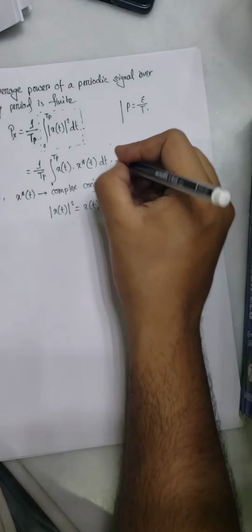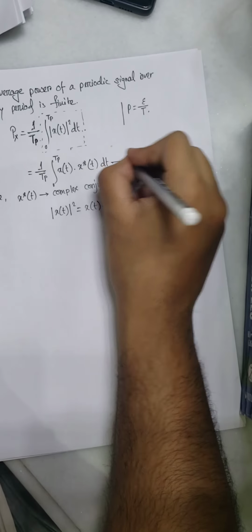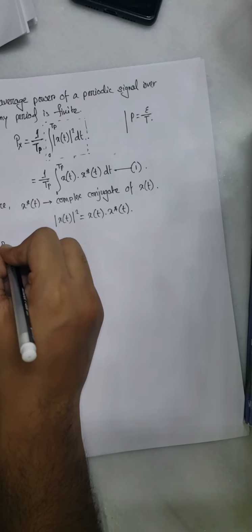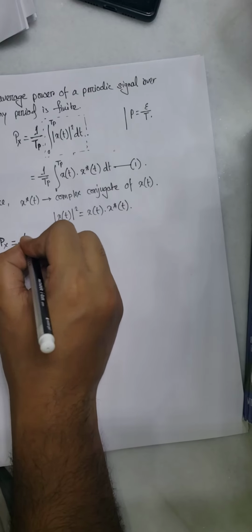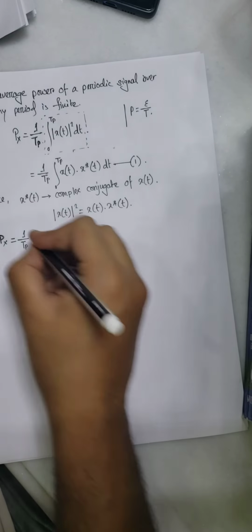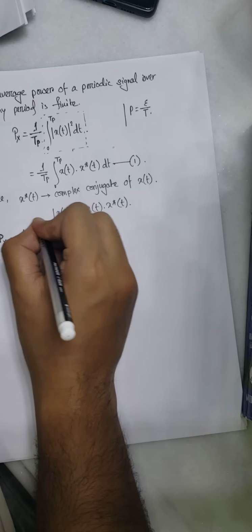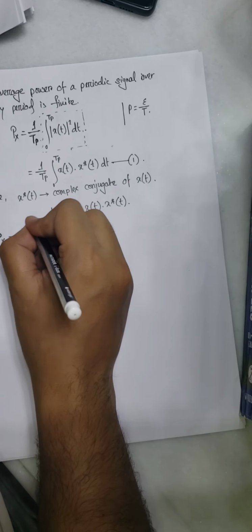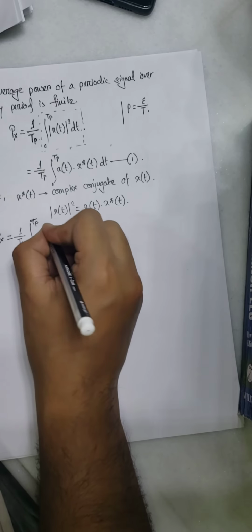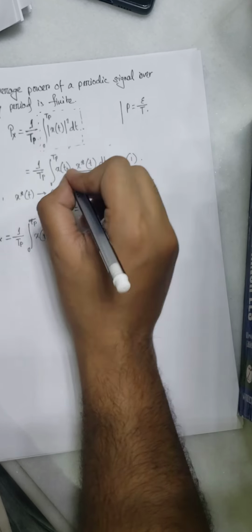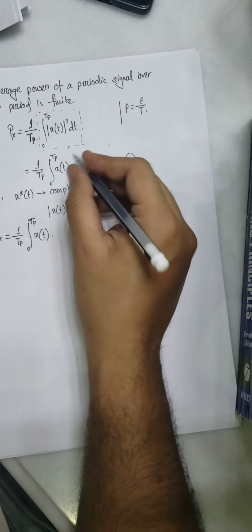Now, if we give this equation number 1, it implies P of x equals 1 over Tp, an integration of 0 to Tp, x of t as it was, and taking the Fourier series expansion of x star t, or the conjugate of x of t.